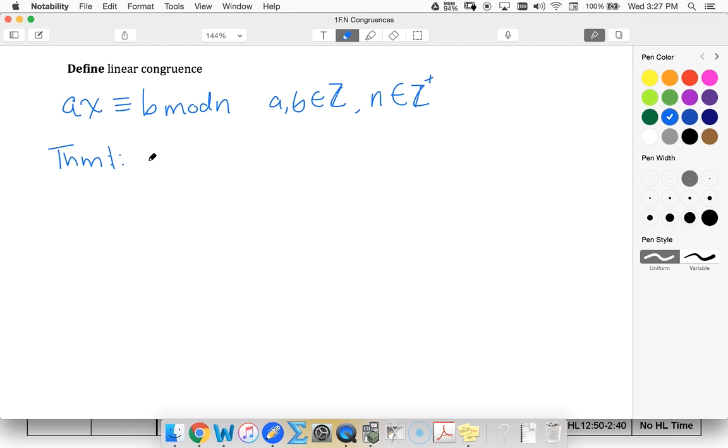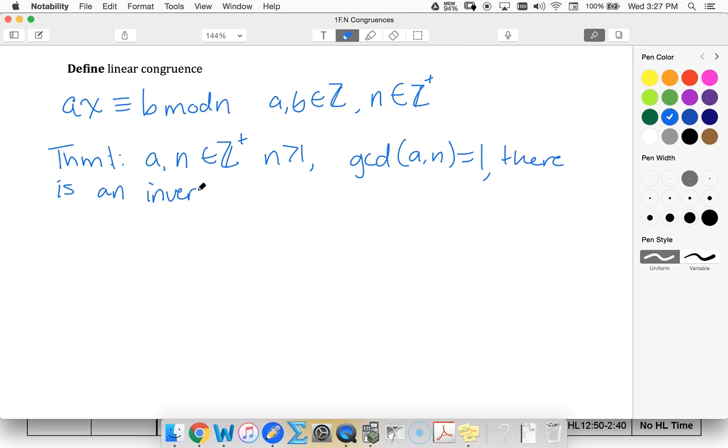Theorem One, is that if a and n are positive integers greater than 1, and a and n are relatively prime, then there is an inverse, which we're going to denote a bar, such that a times a bar is equivalent to a bar times a, which is equivalent to 1 mod n.